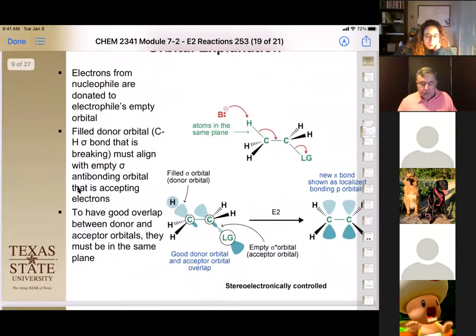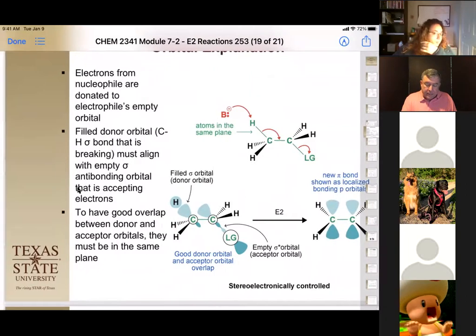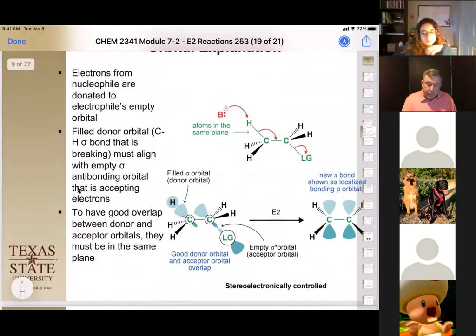Part of that is because when we have that sp3 orbital, as that hydrogen's pulling away, it's changing hybridization. This is the actual big part of the orbital that's bonding to the hydrogen. This is that small part of the orbital that's facing away from it.